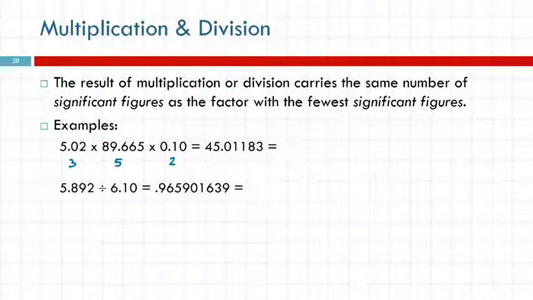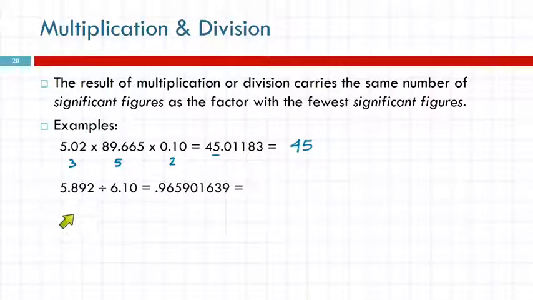So then my answer can only have 2 significant figures. So I'm going to keep the 4 and the 5, and I'm going to say that the answer here is 45. Recording the whole thing, 45.01183, is misleading, because I only had 2 significant figures for that number.